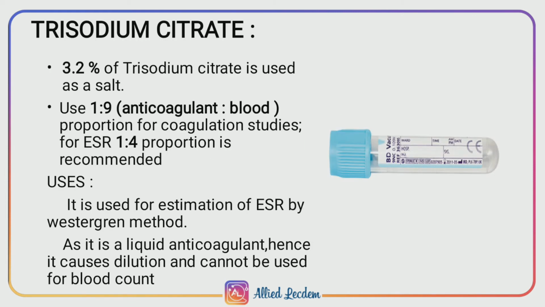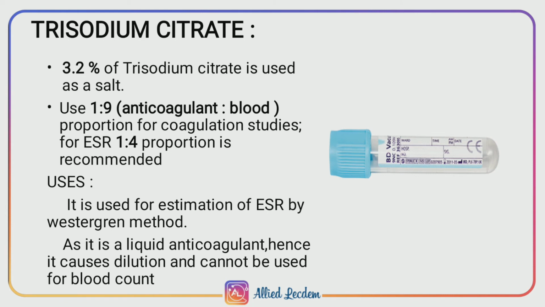Trisodium citrate. It will be a blue color vacutainer, and 3.2% of trisodium citrate is used as a salt. So here the proportion varies for different tests, that is, if we have to do coagulation studies, we have to use 1:9 proportion, that is 1 part of anticoagulant in 9 parts of blood.